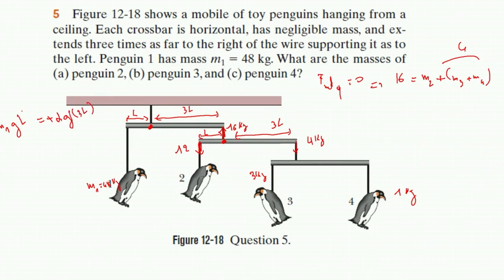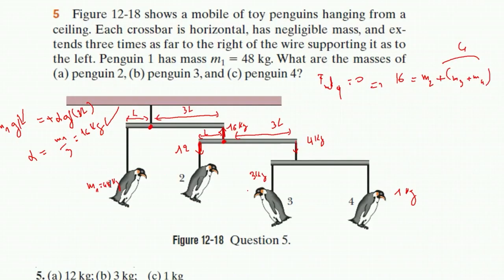Okay, the G goes away, the L goes away. So I know that alpha should be M1 divided by 3, which is 16. Okay, so have a look at it. It's nice, it's simple, but don't be confused.